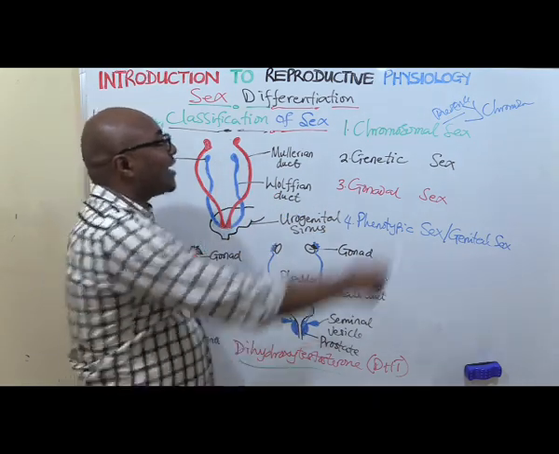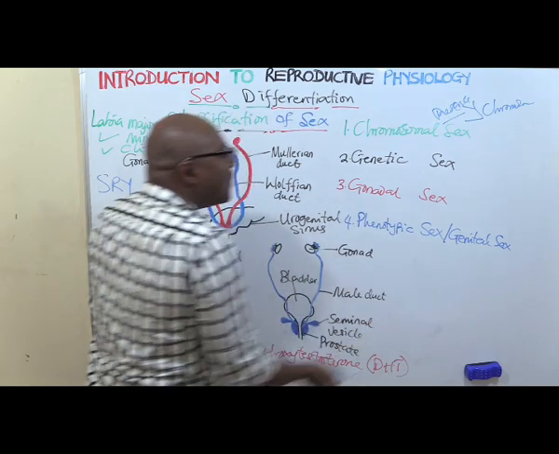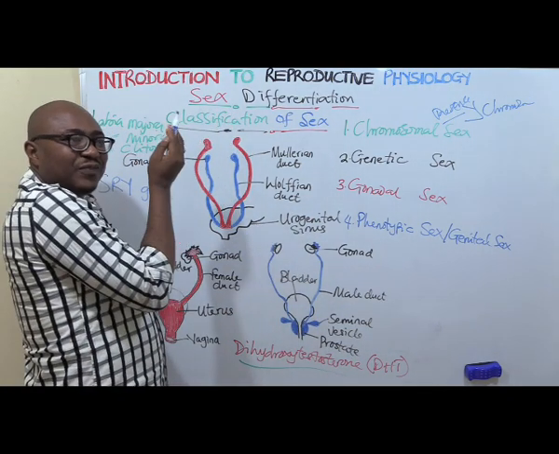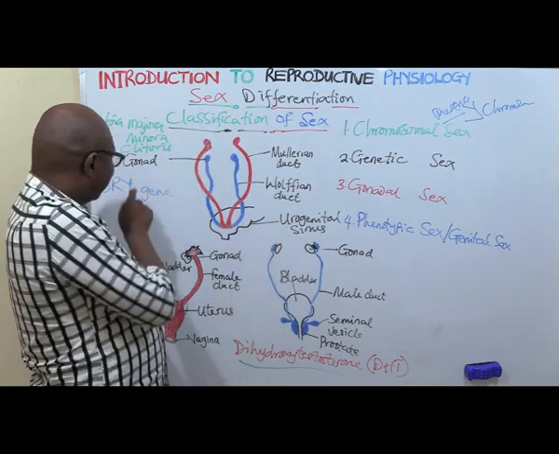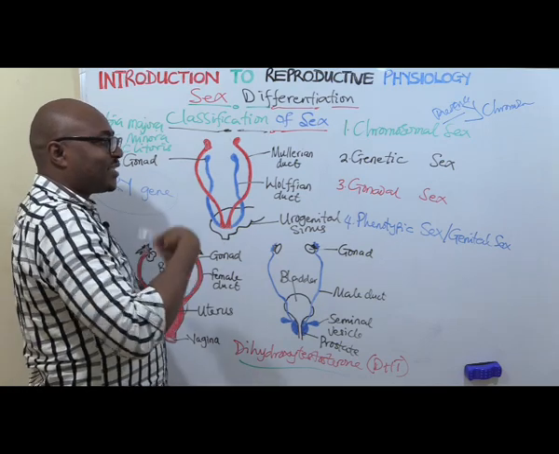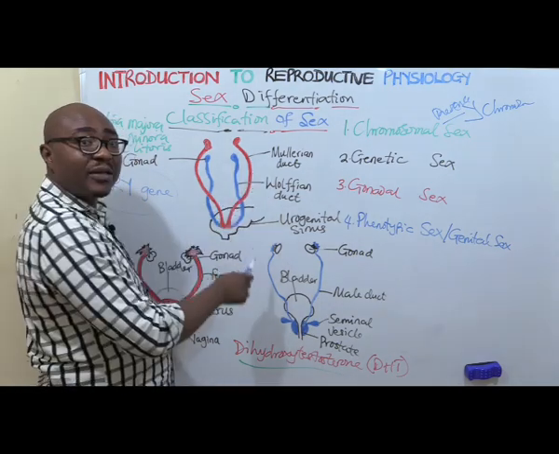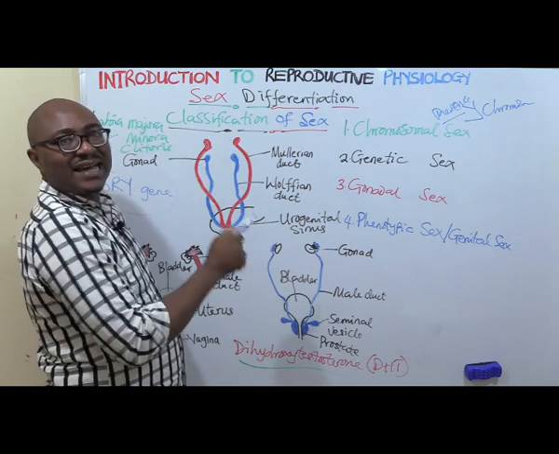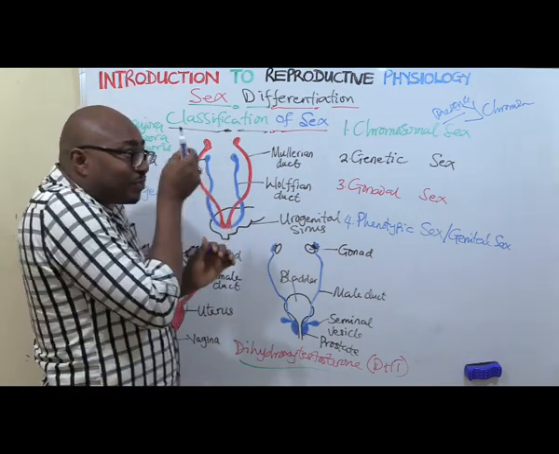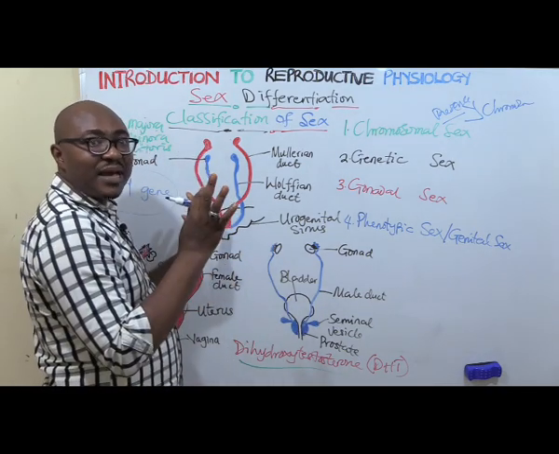Do you understand? So you can have a Y chromosome, but the part of it, this SRY, that expresses itself to lead to the development of the male, is inactive or is absent. That small part might be absent.